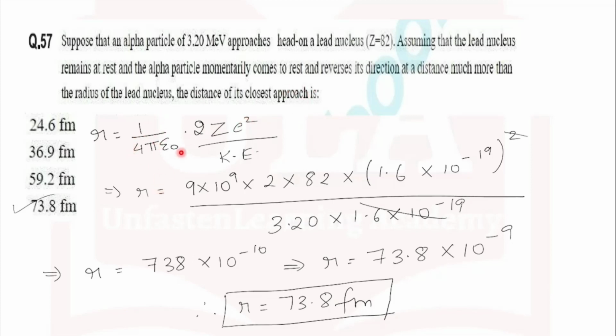So if you just substitute it, the value of 1 by 4 pi epsilon naught is nothing but 9 into 10 to the power of 9 into 2 into atomic number is given already, so 82 into 1.6 into 10 to the power of minus 19 the whole square, that is charge on an electron, and then kinetic energy, it's given as 3.20 MeV, right? So you have to put this electron volt as 1.6 into 10 to the power of minus 19. So if you just cancel it, R will be nothing but 73.8 FM. So answer D is the correct answer.